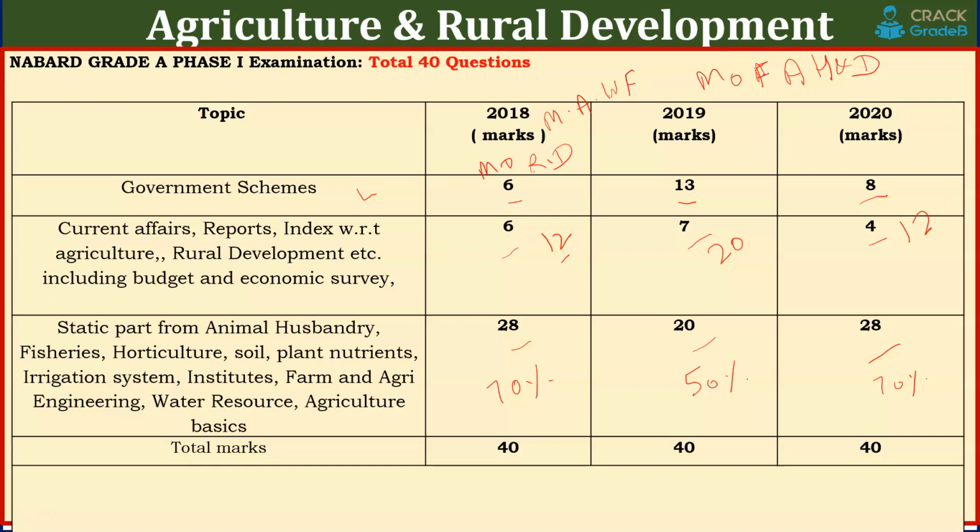And in current affairs they have asked questions related to various reports specific to agriculture, like the budget, economic survey, and various news related to agriculture and rural development specifically.